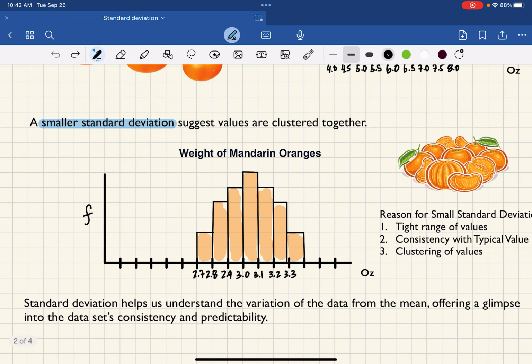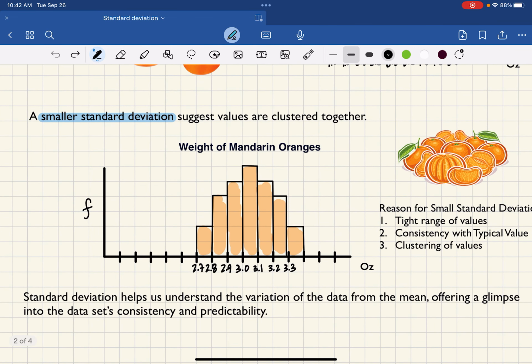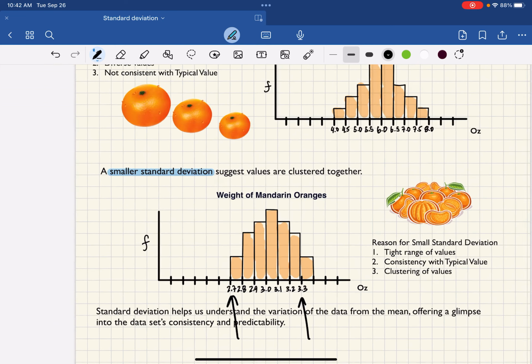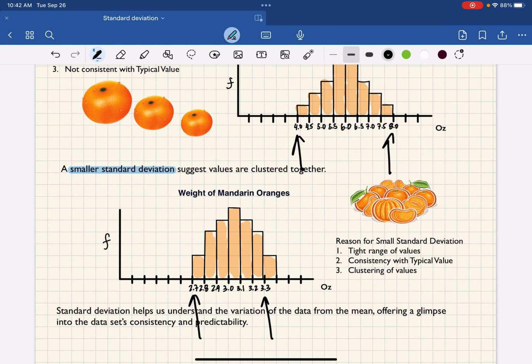Now, a smaller standard deviation suggests values are more clustered together. There are oranges called mandarin oranges. Here in the United States, there's a brand called Cuties. These mandarin oranges tend to be similar size. Similar size suggests that they might be similar weight. And you can see here the weight goes from 2.7 to 3.3, which is much, much smaller in range compared to 4 through 8.